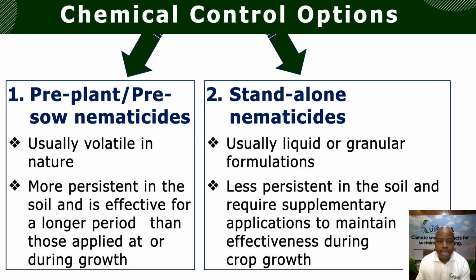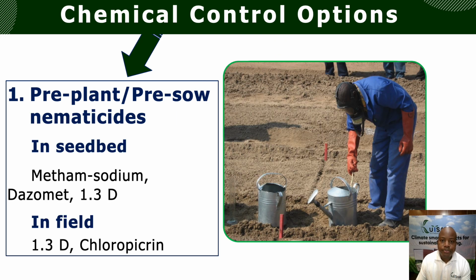So usually such products have a waiting period before you can sow or transplant your crop. The other category of nematicides are the standalone, your planting hole nematicides, which are usually liquid or granular formulations. These are less persistent and need supplementary applications during the production of your crop.